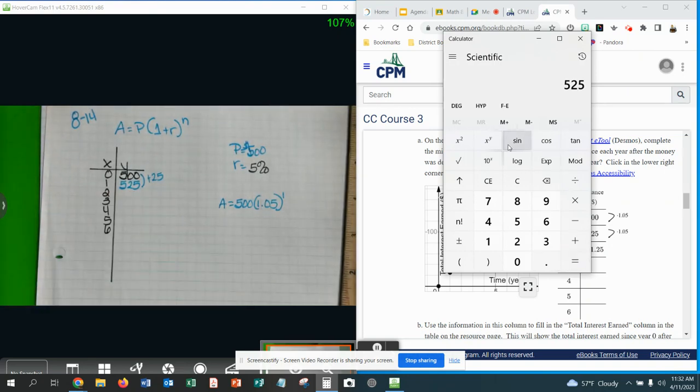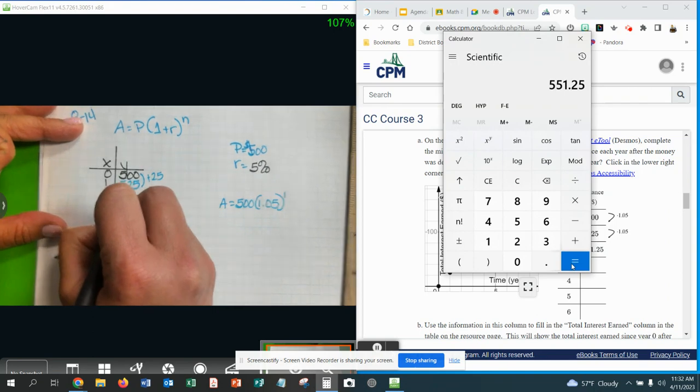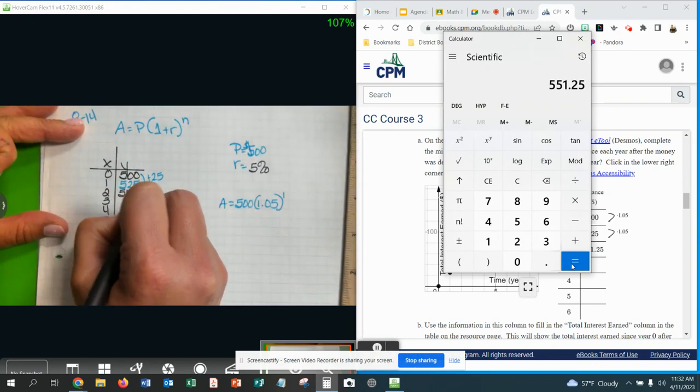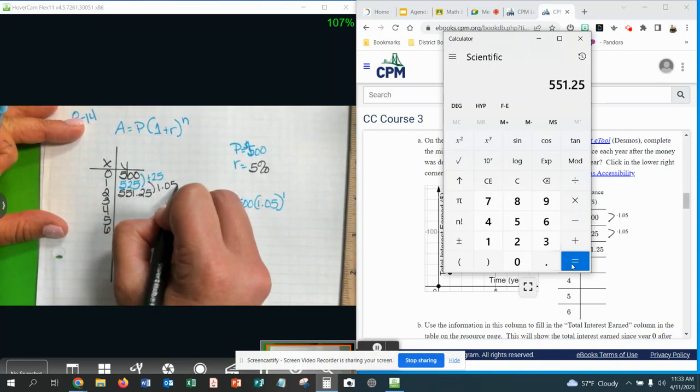We're going to do it again. Clear it out. 525 times 1.05 exponent 1 equals 551.25. Okay, now we need to multiply it by 1.05 again.